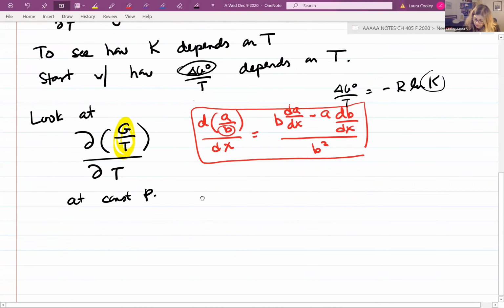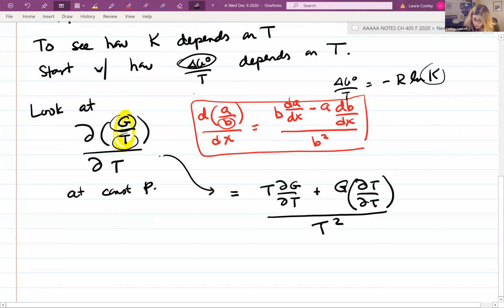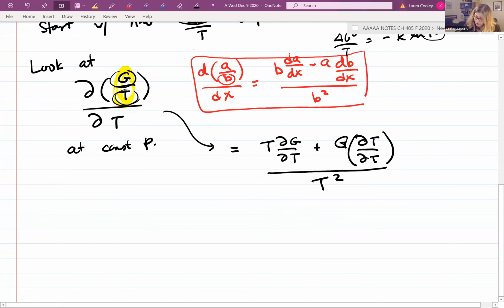So d(G/T)/dT would equal: the bottom is T, that's T times the derivative of G with respect to T, plus the top is G times the derivative of the bottom, which is T with respect to T, that's going to be 1, divided by the bottom squared, T squared. So this works out to equaling, okay, so this is T.